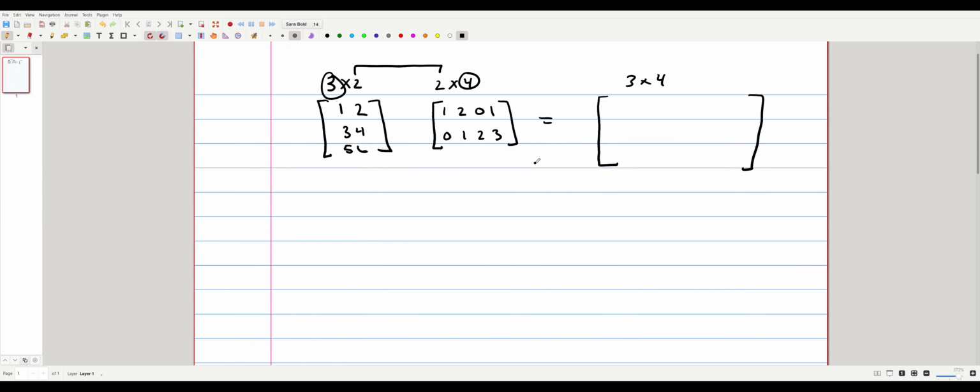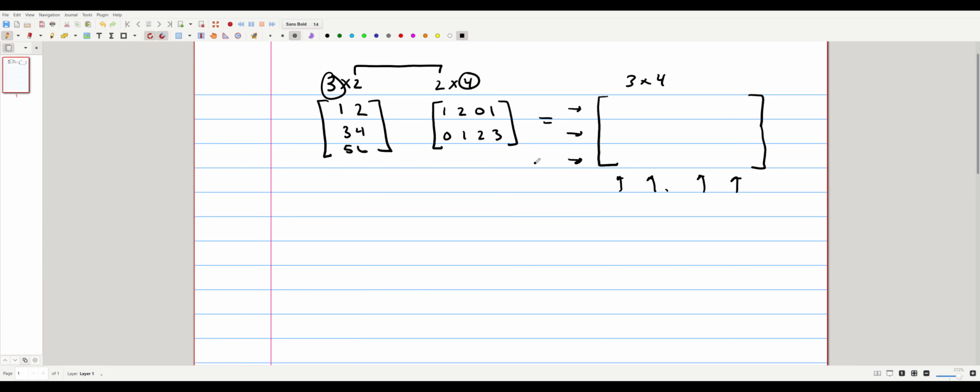And let's see what those values are. So we have 3 rows, 1, 2, 3, and 4 columns, 1, 2, 3, 4. So what is going to go in our first row, first column?